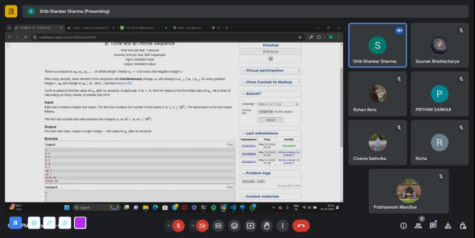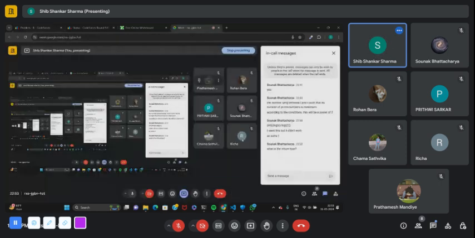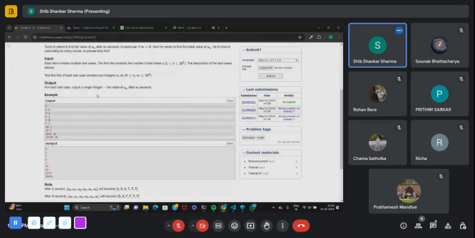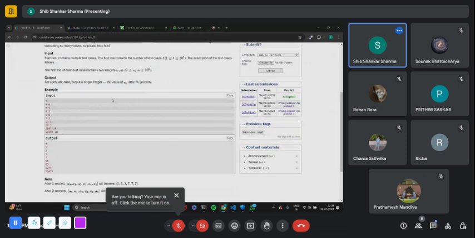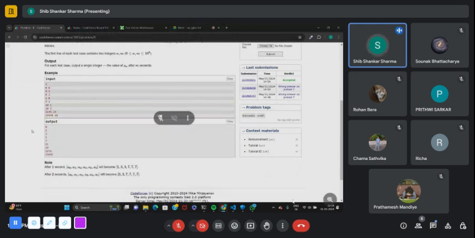What we have to do is process these queries, given as n and m, and find the value of an after m seconds. I'll come back to that later. Let's get through this question first. Now let's pick up this test case to explain this question.